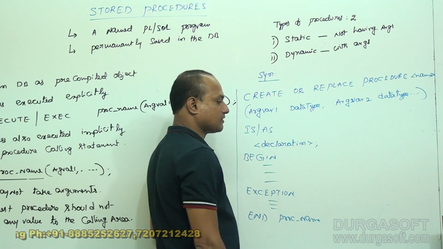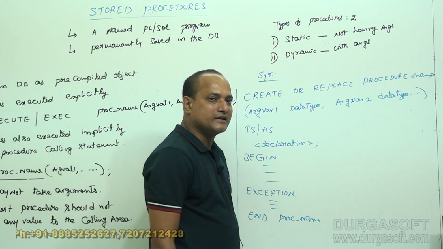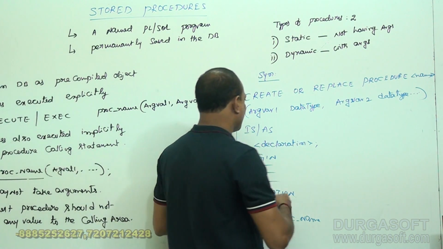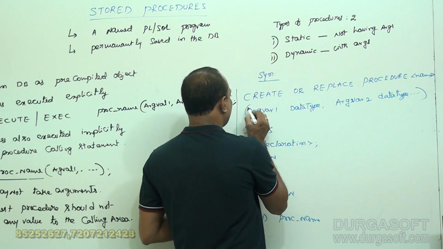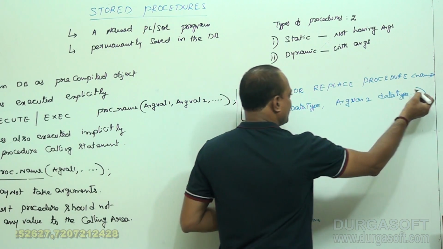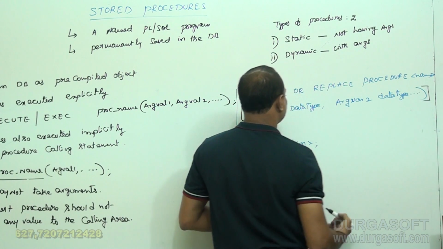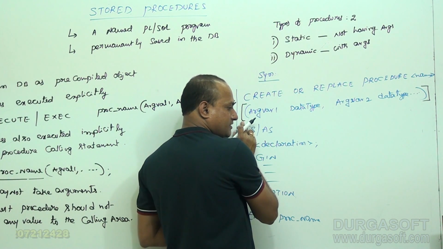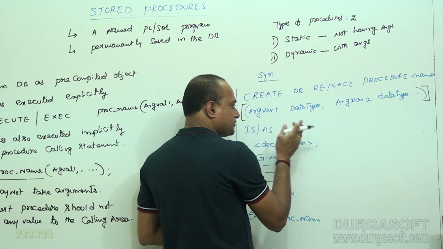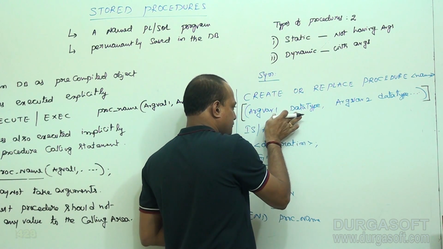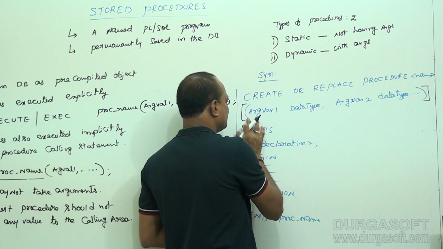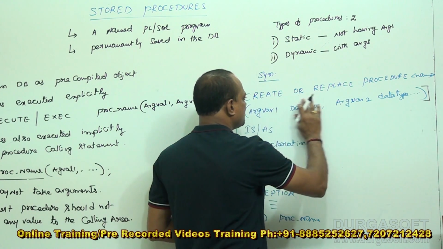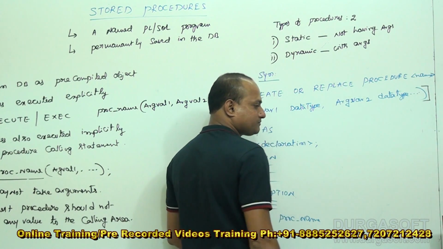These variables are called as argument variables. And we can also say these are called as parameters. See, whatever the optional things, I am using square bracket for that. According to your requirement, if you want to specify argument variables, specify within the parenthesis. Otherwise, you can skip this part completely.